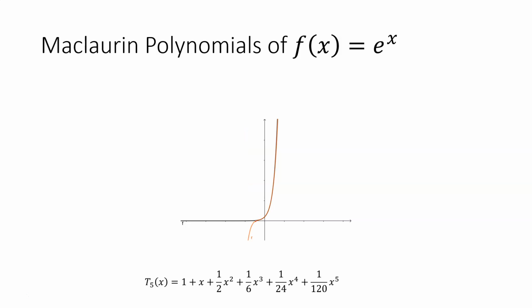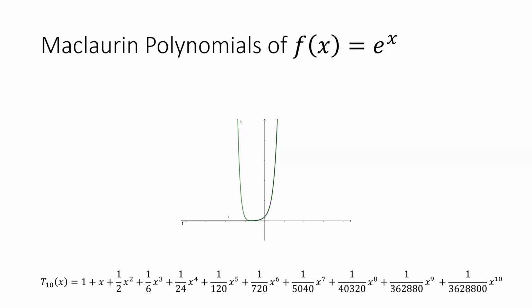And here's the fifth degree Taylor polynomial. Here's the sixth degree Taylor polynomial, and you start to see that the range at which those two functions are close to each other gets wider and wider with each term. And then here we'll go all the way out to the 10th degree Taylor polynomial, and we see it's just a little bit more closely fitting with the e to the x curve.